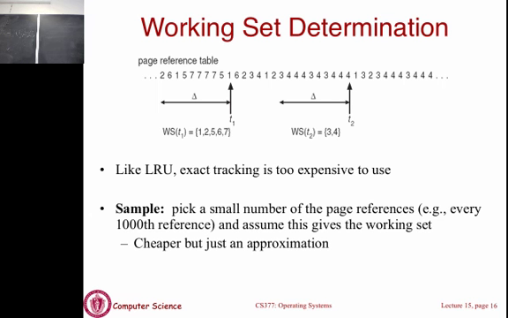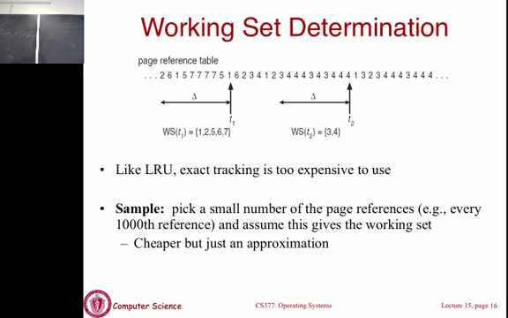So this shows what the working set would be for some specified interval, which we can define in terms of a number of memory accesses. The working set could be the past 10 memory accesses or the past 20 memory accesses. If we have this process running, these are the sequence of memory accesses.